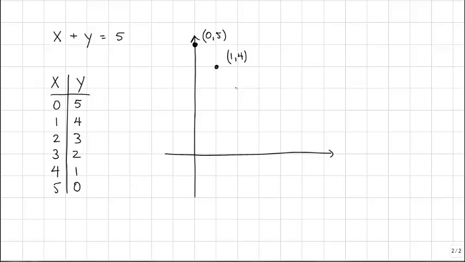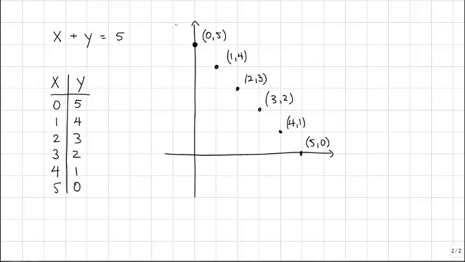And (2, 3) means I'm 2 over, 3 up. And this one is (3, 2). This one is (4, 1). This one is (5, 0). And, if you want to, you can do more here to convince yourself that this will actually continue on.